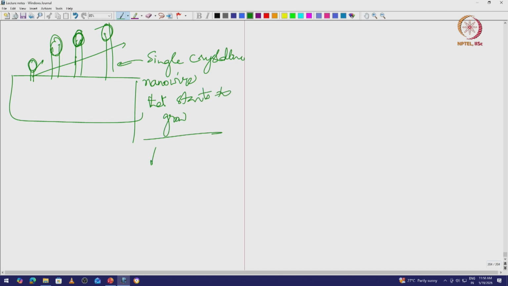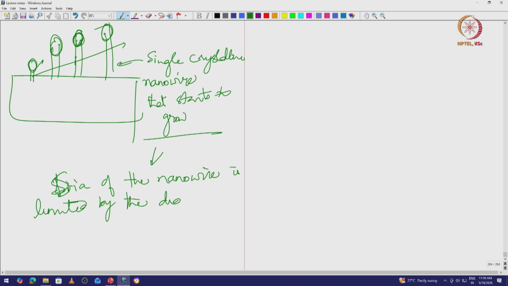Okay. And the size, the diameter of the nanowire, is limited by the diameter of the gold catalyst.